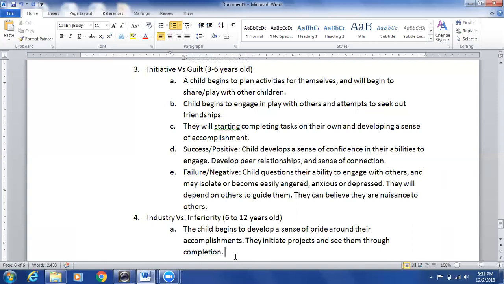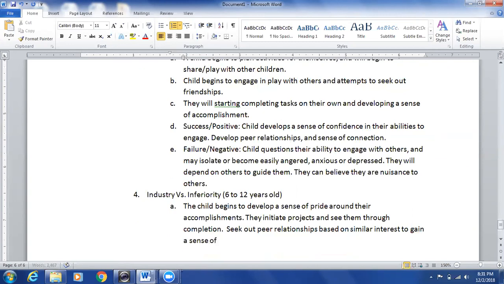They also will be able to seek out peer relationships based on similar interests, to gain a sense of connection with others.